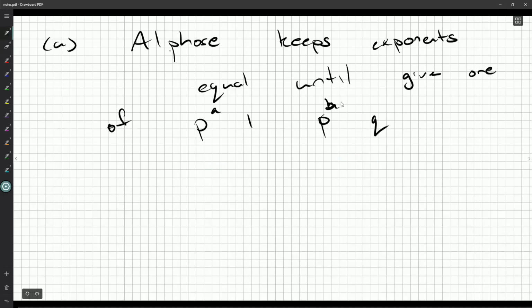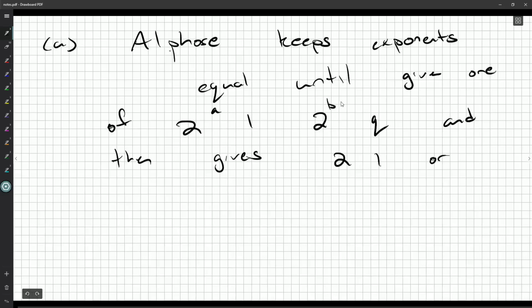Well, I suppose this should be 2 to the a and 2 to the b. And gives 2, 1, or 1, 3. This should be a 3 back. All right, so there I've properly described the winning strategy.